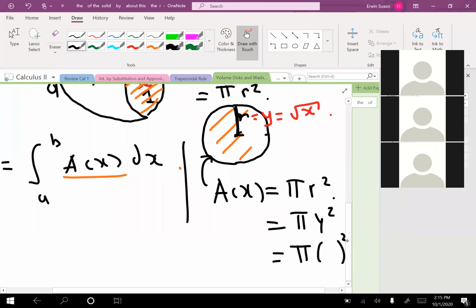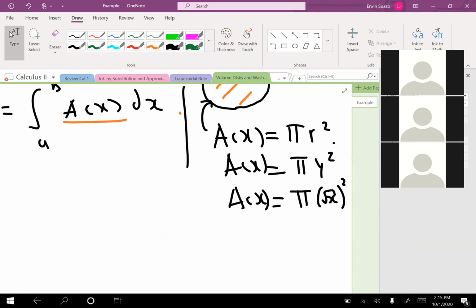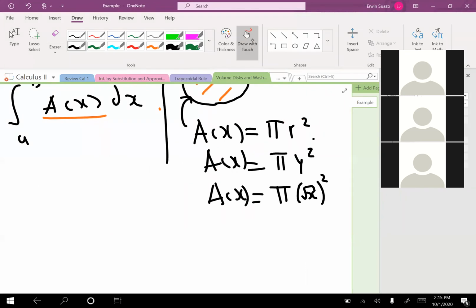Instead of y, I have square root of x, because it's a function of x. I'm rotating around the x-axis, and since I'm rotating around the x-axis, it's going to be a function of x. So finally, what I get is that this is just pi x. It's A of x.